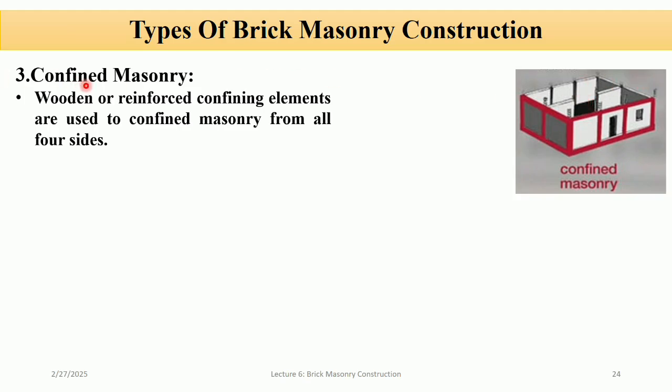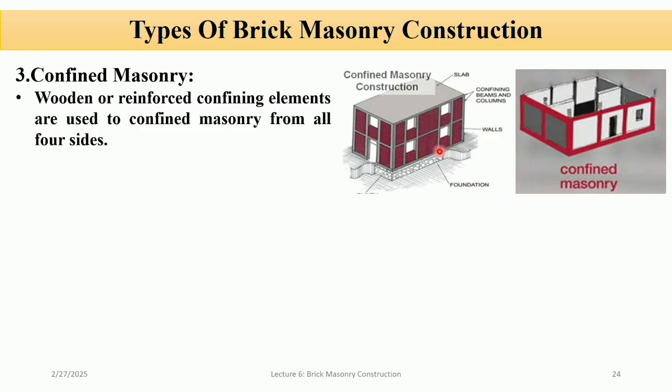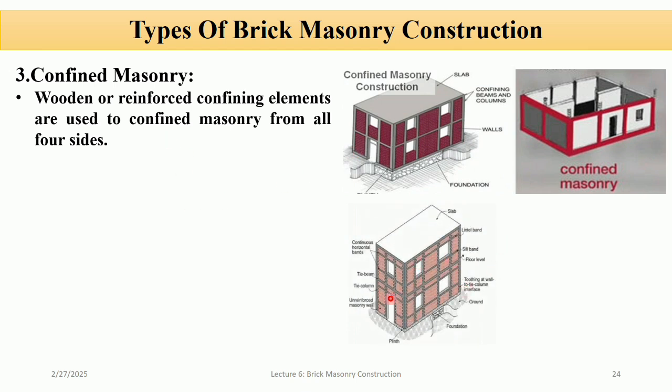So the advantages of confined masonry are its better performance in seismic zones due to increased confinement, preventing sudden collapse. So it has improved safety and it is cost effective. You can see this is a confined masonry image.